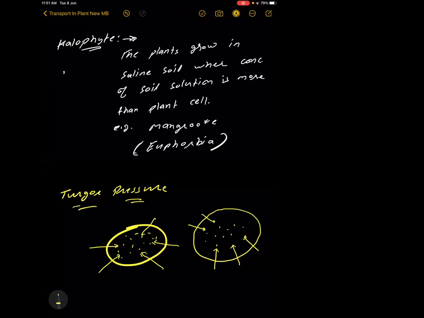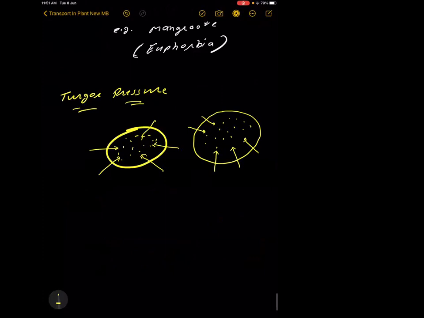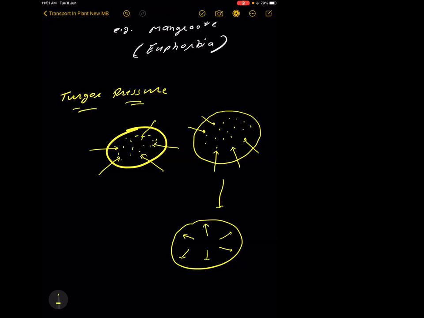These are water molecules. These water molecules exert a pressure on the wall. Water moves inside the cell because endosmosis occurs, and these water molecules exert pressure on the wall.